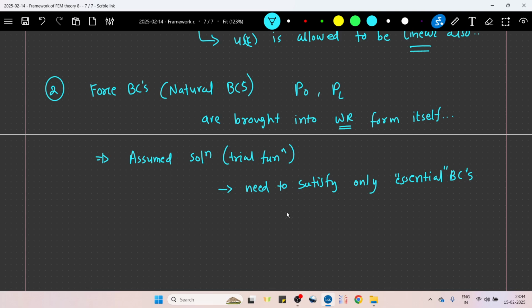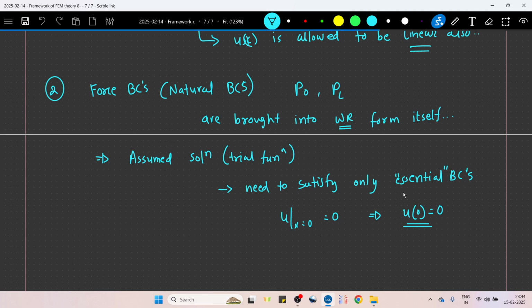So what are essential boundary conditions? That u at x equal to 0 equals 0, right? This we have said, subject to boundary condition u of 0 equal to 0. So this is our essential boundary condition. Why essential? Because in order to solve the problem, this is the essential boundary condition. We have seen this in earlier videos. There must be a constraint in order to solve the problem, right?